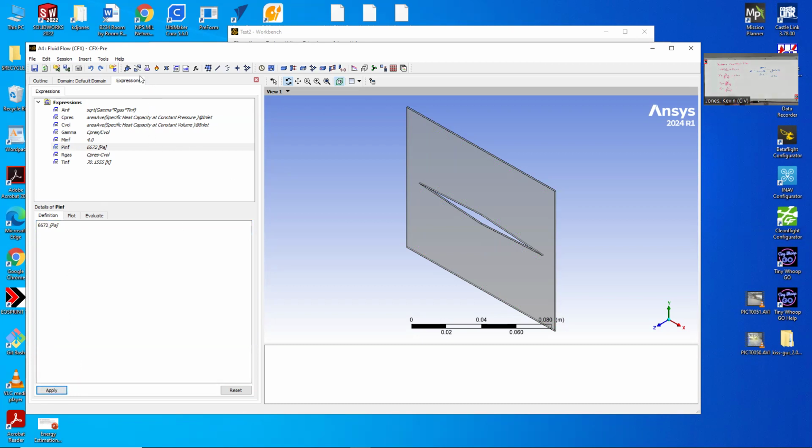All right, and now finally we can get U infinity. It's going to be Mach infinity times A infinity.